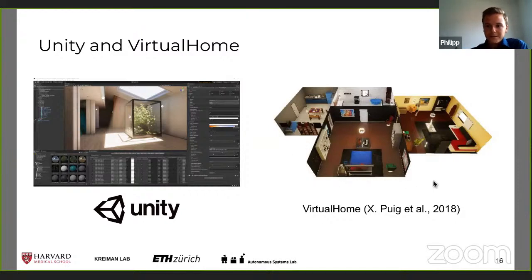Now, the great thing is that we have access to those apartments as 3D scenes. So we can go to Unity or use Virtual Home's API for some things to modify those scenes and modify all the objects in it. And that gives us exactly those properties that we need.